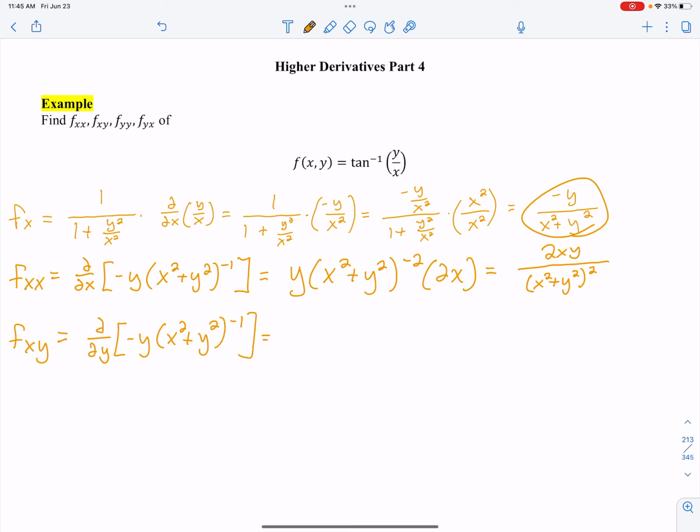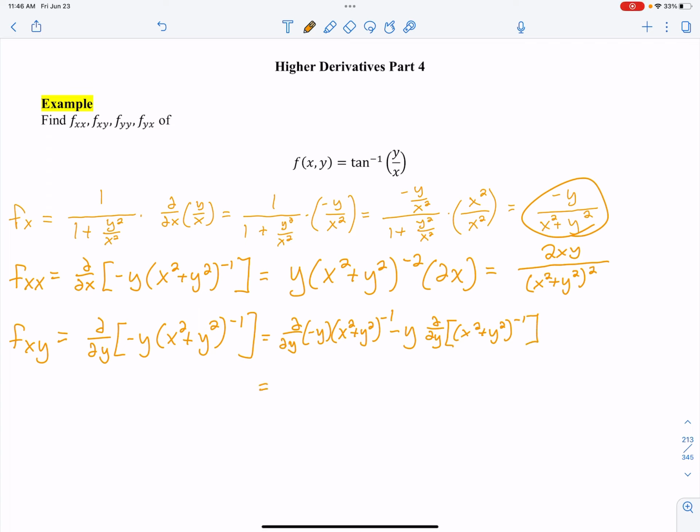All right, this is a product rule, so it's going to be the derivative of the first thing times the second, plus negative y times the partial with respect to y of the other thing, which is x squared plus y squared to the negative 1.